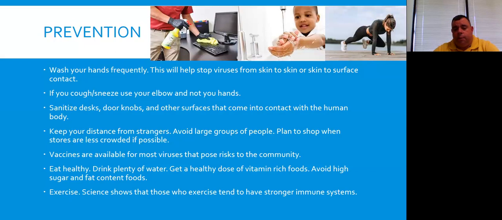Vaccines are a possibility to help prevent things like the flu. The flu vaccine, they usually have a new one that comes out every year. And what they do is they base the flu vaccine on the previous year's influenza virus. That's how they always do it. So they're always a little bit behind because the viruses change.